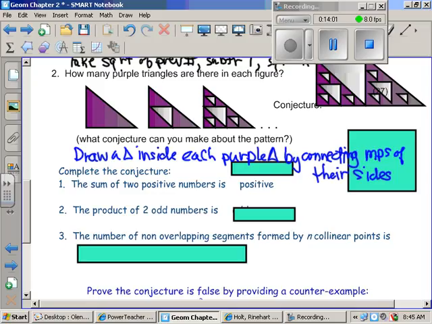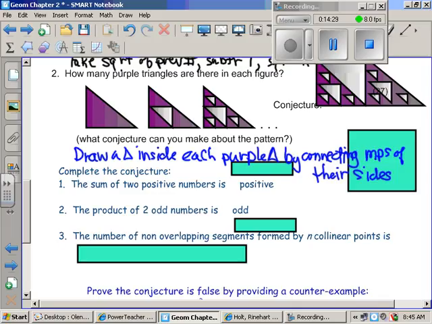What's the pattern? 1 times 3 is 3, odd. 3 times 5 is 15, odd. 5 times 7, 35, odd. 7 times 9, 63, odd. So the product of 2 odd numbers is odd, right? That's using inductive reasoning, thinking about the pattern that's coming in.